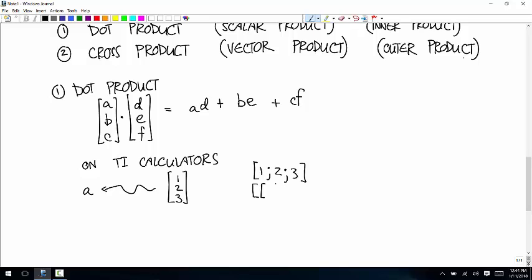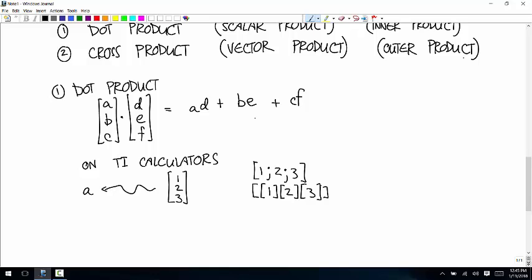On TI-84s, the notation has to be a little bit different. You do it as square bracket and then a square bracket for each row. So 1, 2, 3. On TI-83s and 86s, I believe, there's a square bracket for the whole thing.